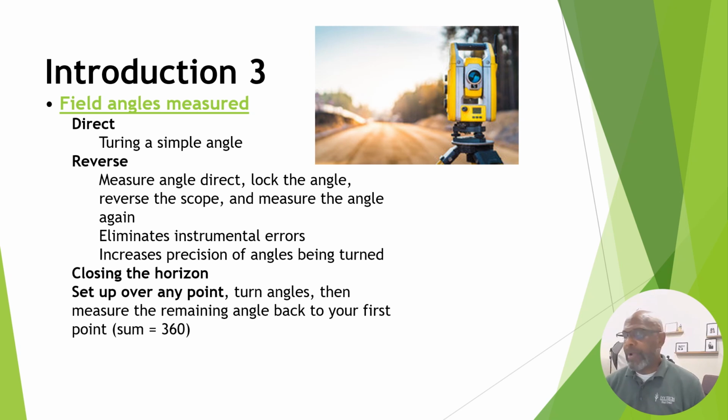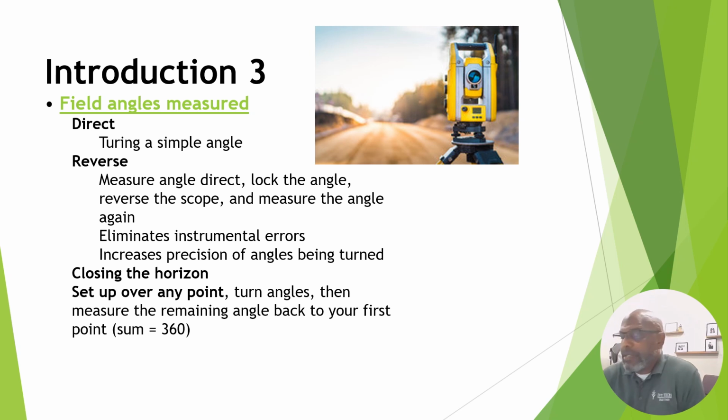So, closing the horizon. This method is used as a simple check to ensure that the angles about a point add up to 360 degrees. For example, with an instrument set up over any point, all angles at that point are turned and the horizon is closed. When the angles about the point are added, they should meet the predetermined closure.